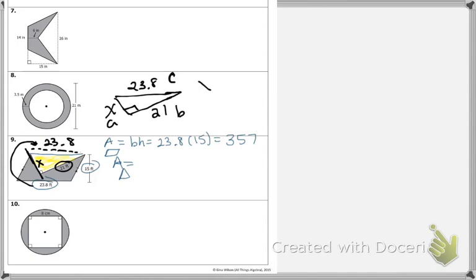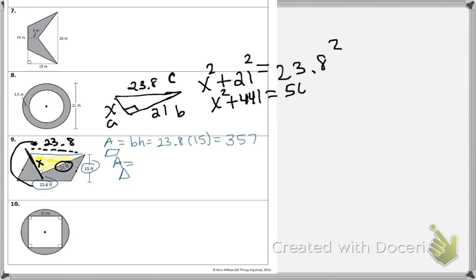So here we go. x squared plus 21 squared equals 23.8 squared. 21 squared is 441, so x squared plus 441 equals 566.4.